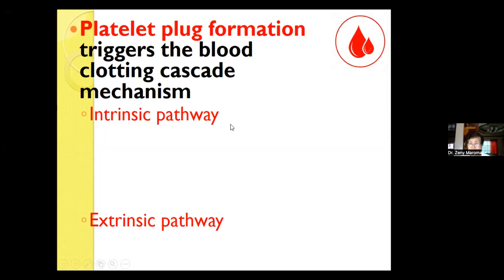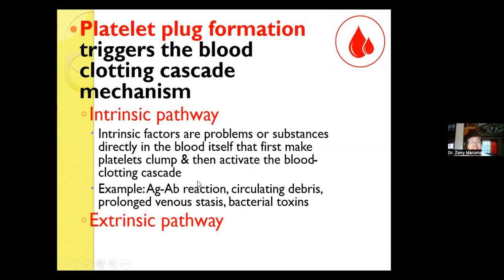through the intrinsic pathway and extrinsic pathway. I hope you recall your anatomy and physiology. So what is the intrinsic pathway? The stimulus is inside. Intrinsic factors are problems or substances directly in the blood that first make the platelets clump and activate the blood clotting cascade.